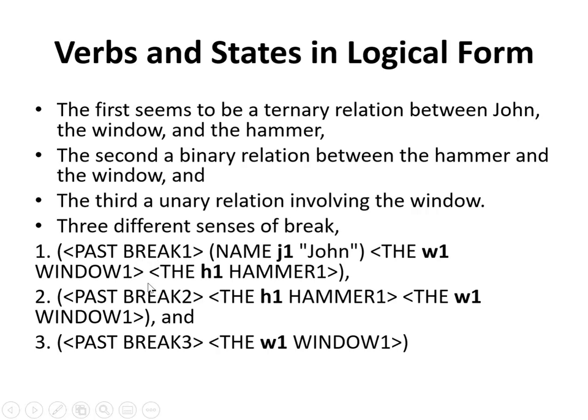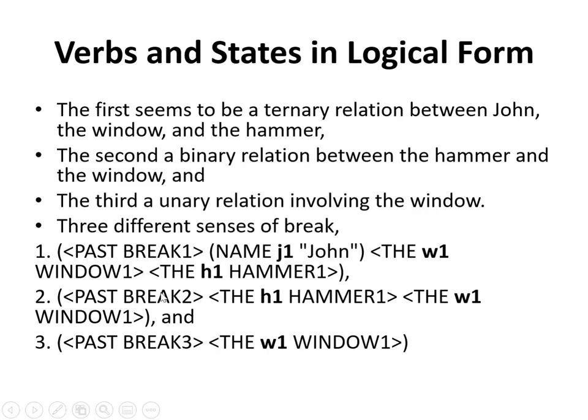So we have break. John broke the window: past break one, then name J1, the W1 window one, the H1 hammer one. So the window is broken by the hammer, and who has broken it? That is John.